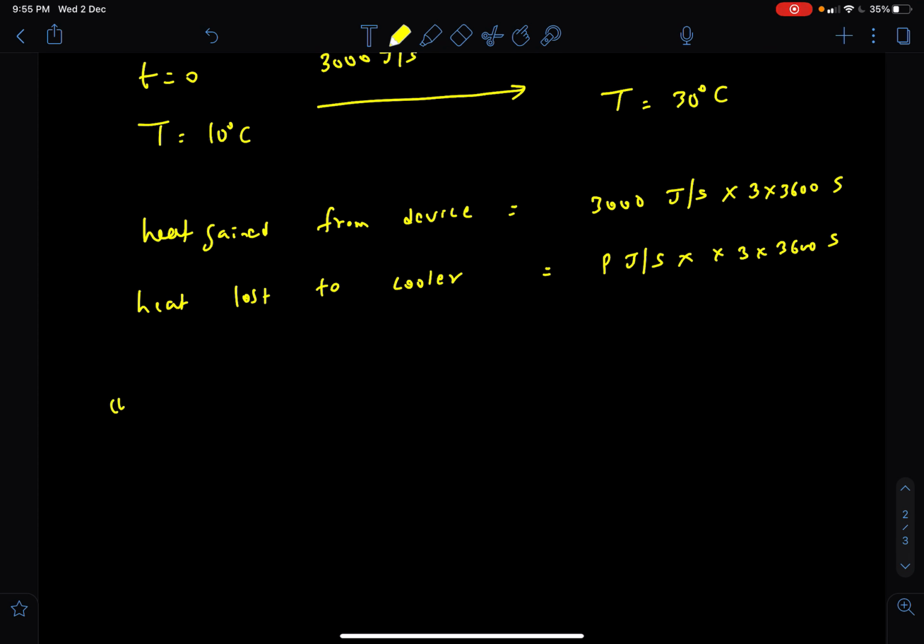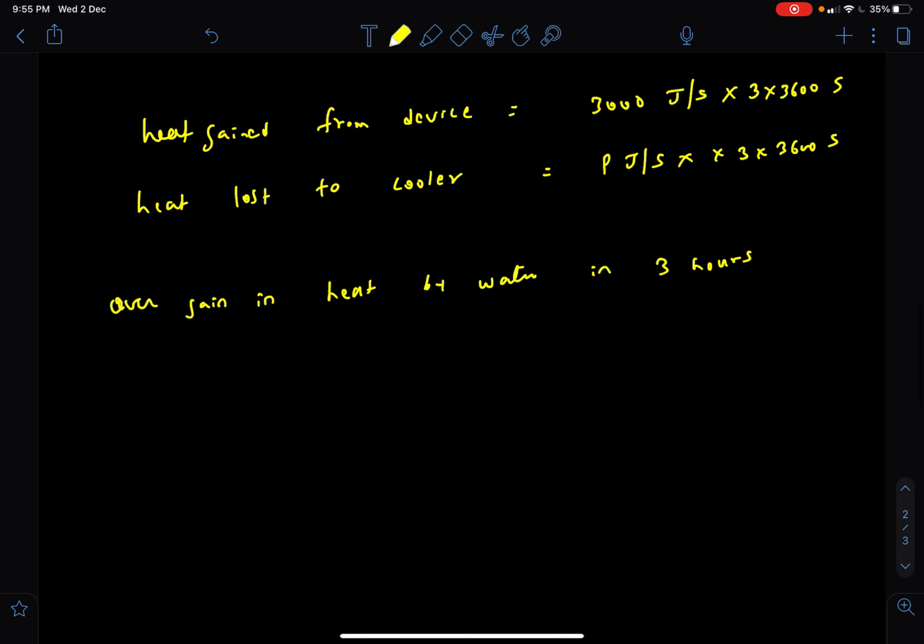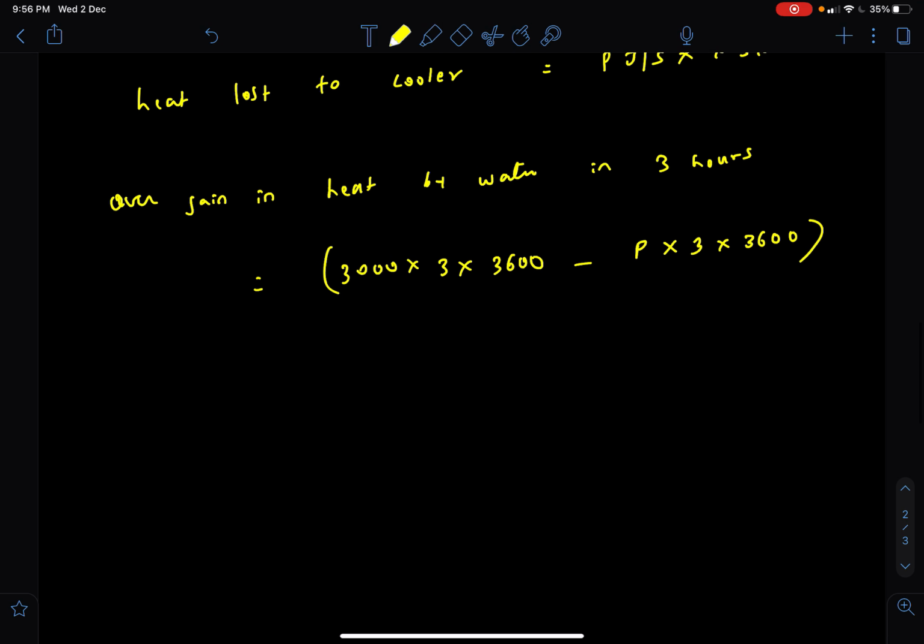What is the overall gain in heat? Overall gain in heat by water in 3 hours is equal to 3000 into 3 into 3600, which is the heat gained, minus the heat which is lost to the cooler. And if this is the overall gain in heat, equate this gain in heat to m s into delta T, and delta T is T minus 10.